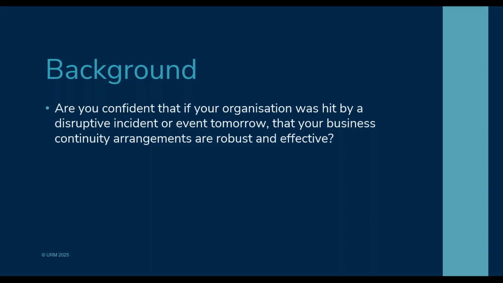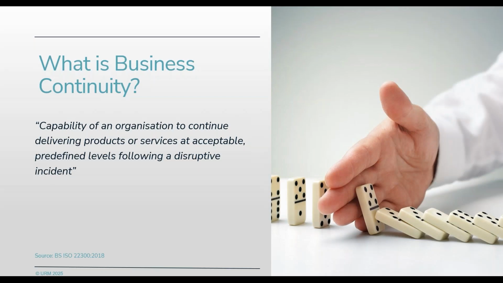I'm conscious I don't want to dwell too much on these early slides, but I think it's important we're all on the same page. So business continuity, in a nutshell? As the quote on the slide says, it's the capability of an organisation to continue delivering products or services at acceptable predefined levels following a disruptive incident.